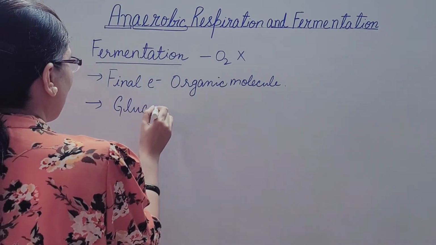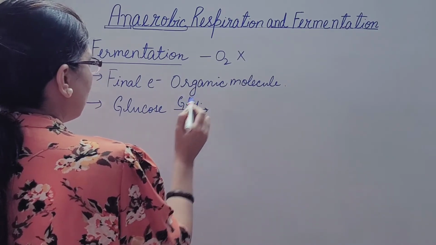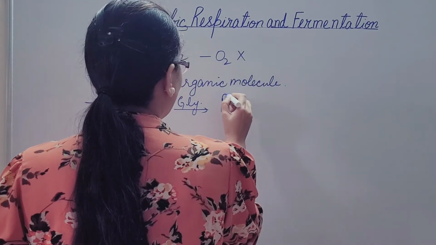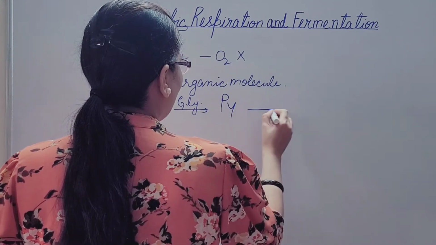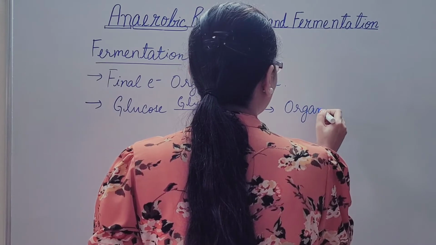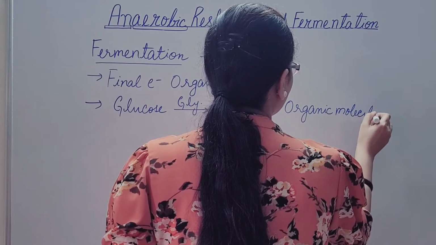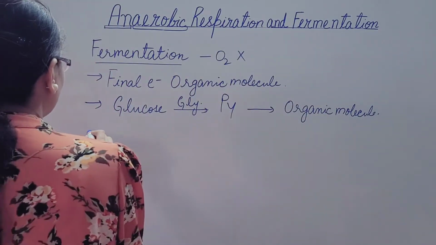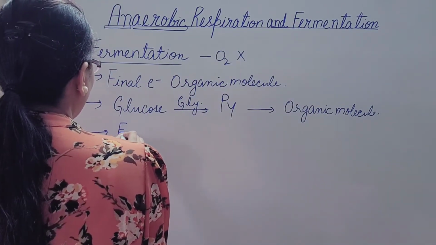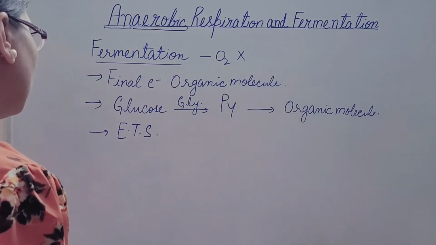Glucose by glycolysis is converted into pyruvate, then this pyruvate is converted into an organic molecule. So here the electron transport system is not involved.